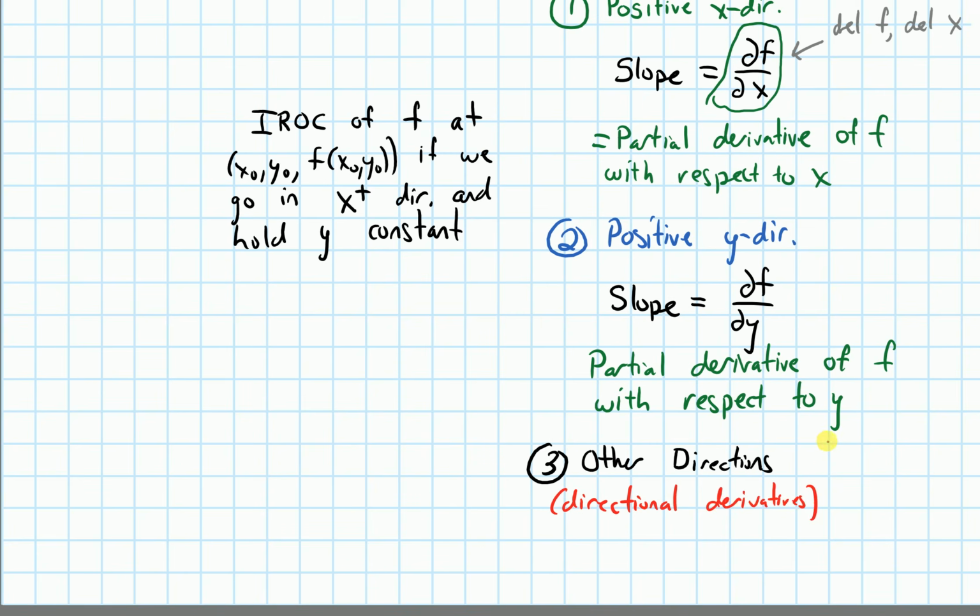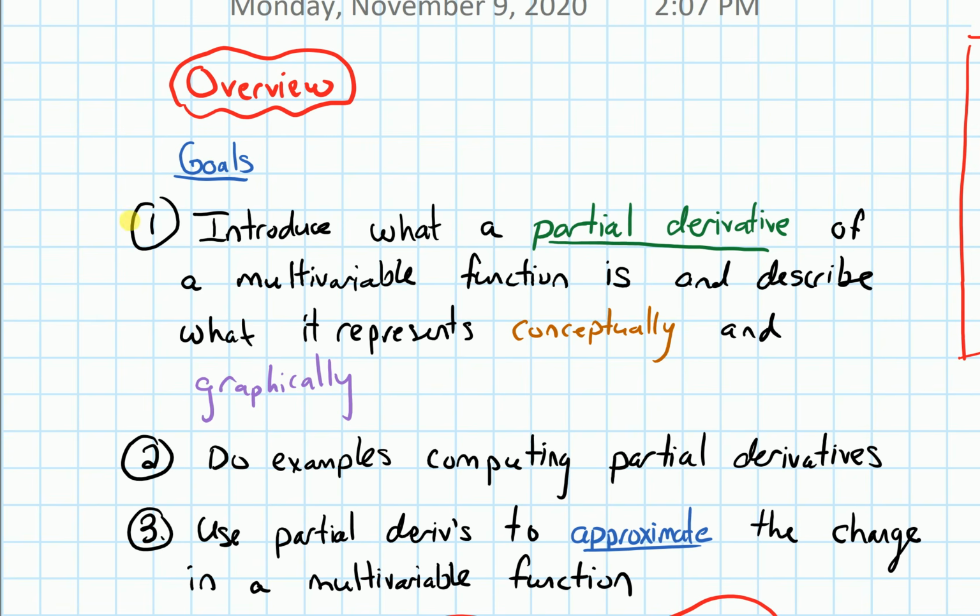We'll see these in section 14.5. In terms of our goals for this section, we've introduced what a partial derivative is and described what it represents graphically in terms of the slope of a tangent line, and conceptually in terms of instantaneous rate of change. In the next video, we'll start to do examples where we compute partial derivatives algebraically.